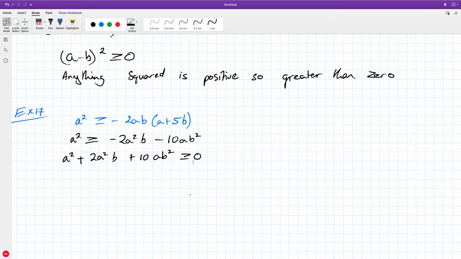Right, what are we going to do? Highest common factor, right? We can go with that. What's the highest common factor? A, right? Take out the common A, we're left with A plus 2ab plus 10b squared.